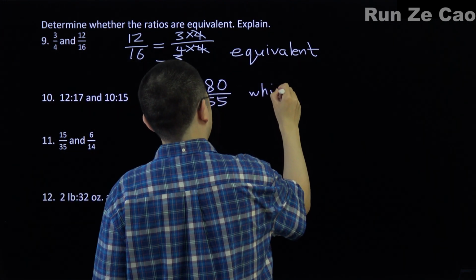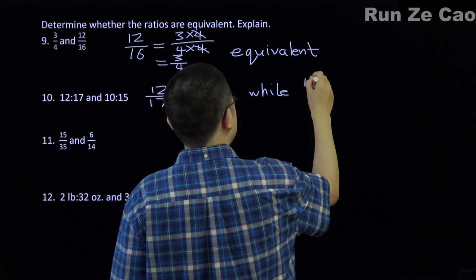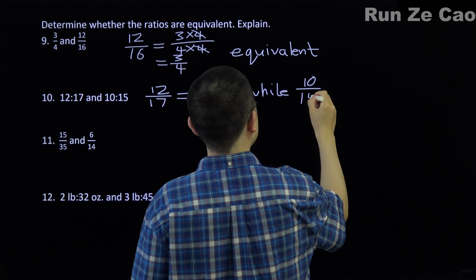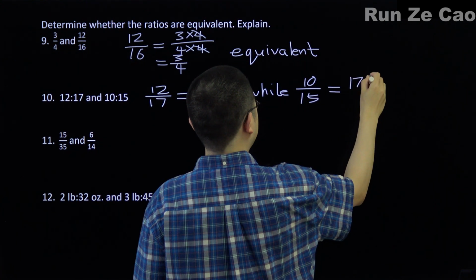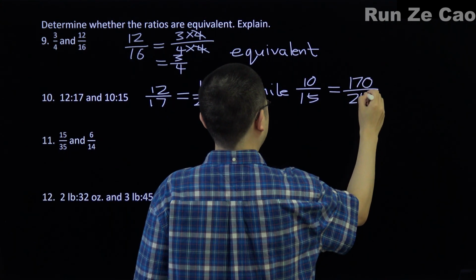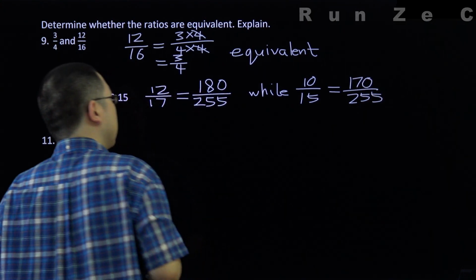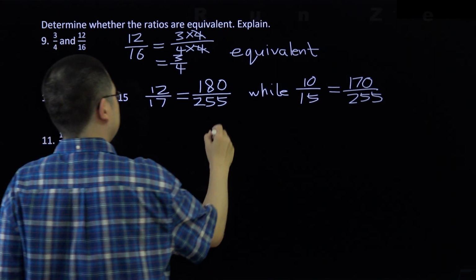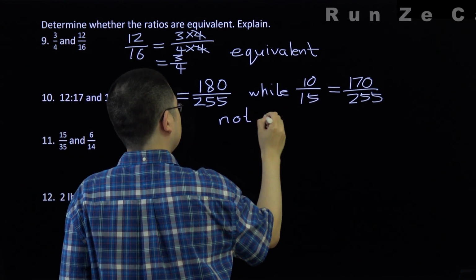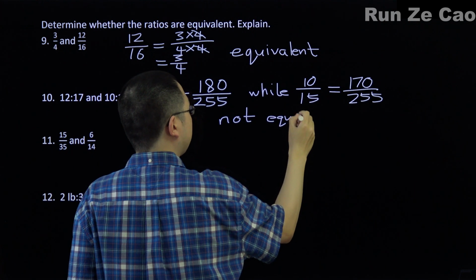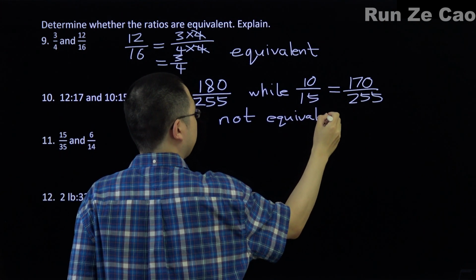While 10/15 is equal to 170/255. So they are not equivalent. They're not equivalent fractions, therefore they are not equivalent ratios.